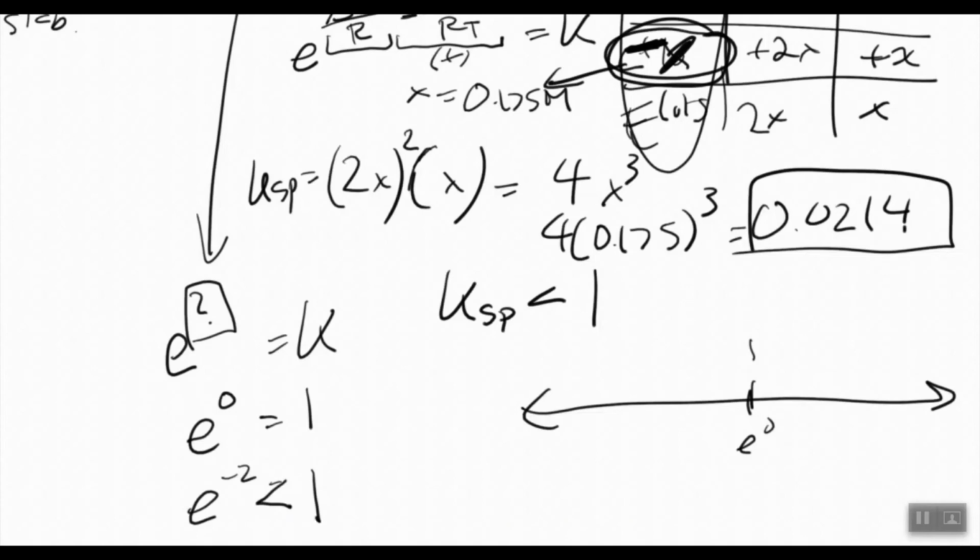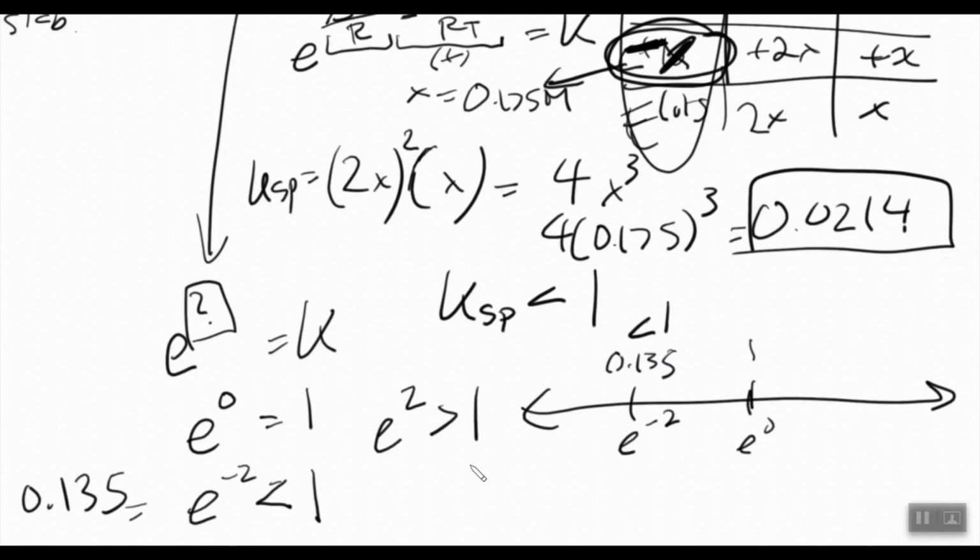If we type this into our calculator, e to the negative 2 is equal to 0.135, which is less than 1.